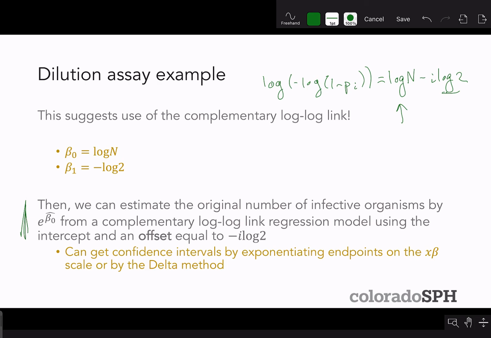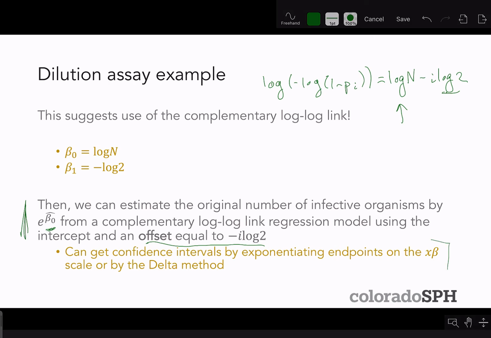Then we can use this relationship that we've just shown to estimate the original number of infective organisms, where e to the beta 0 hat will be the estimated original number of infective organisms using a complementary log link regression model, where that's the intercept, and you also have an offset term that's equal to negative i log 2.